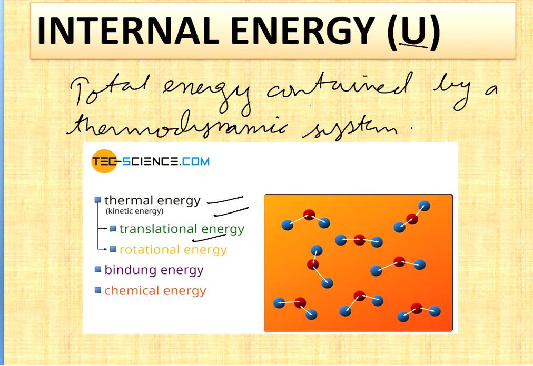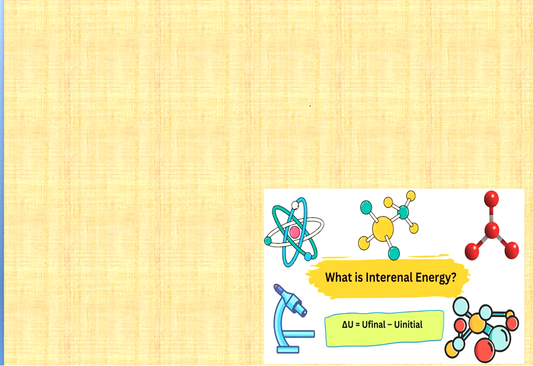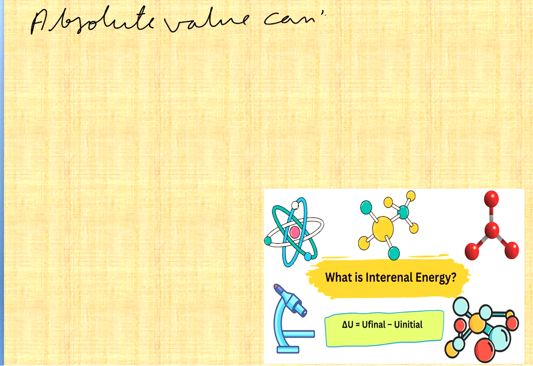So we can say that the absolute value of internal energy can't be determined. Absolute value means perfect value. For example, take our intelligence.